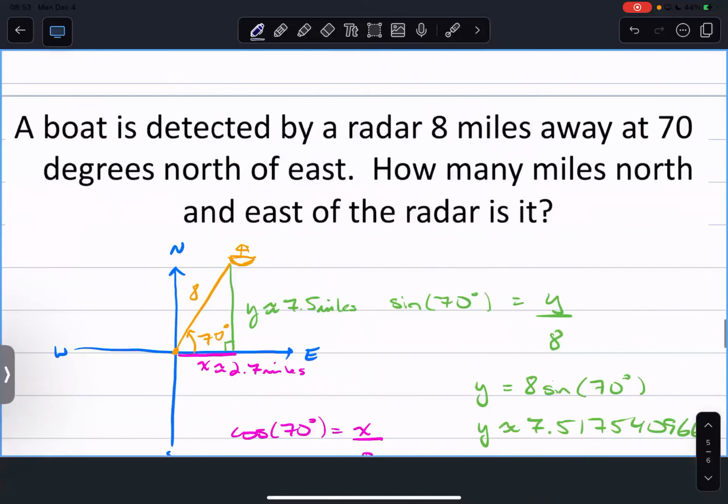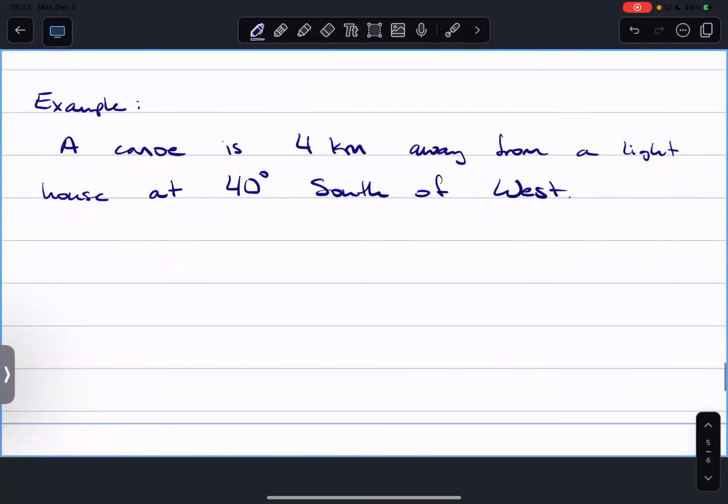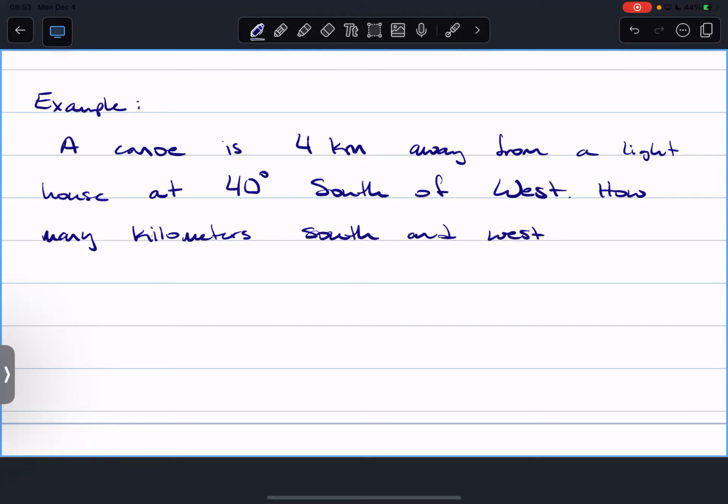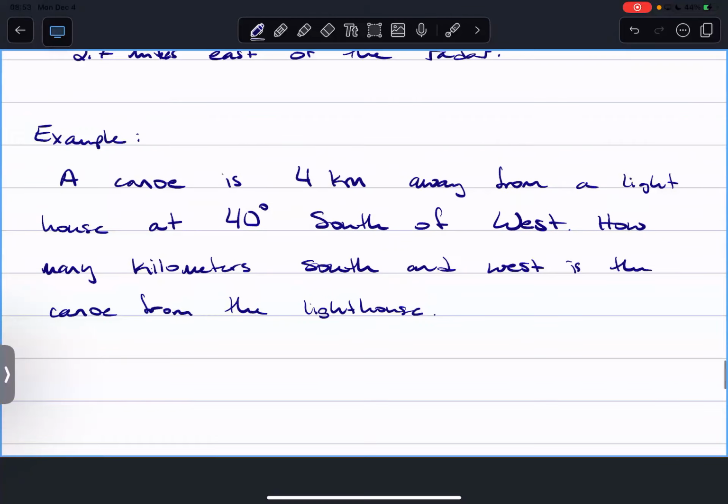And then how many kilometers south and west is the canoe from the lighthouse? So similar yet so different.